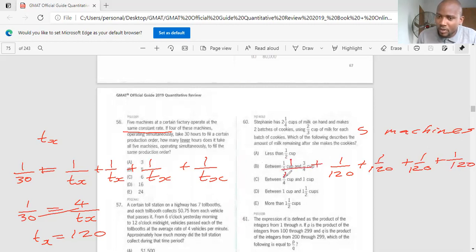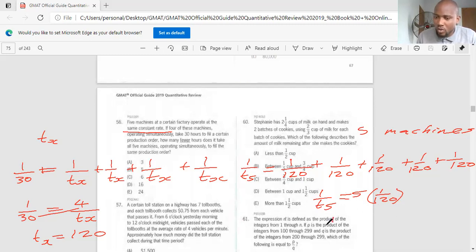In the real exam, you may not have to write all this out. You know that this is the same thing as 5 times 1 over 120, and this is equal to the time it takes 5 machines. So 1 all over T5 equals 5 times 1 over 120.